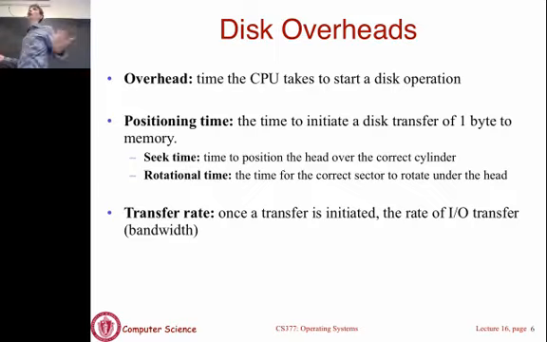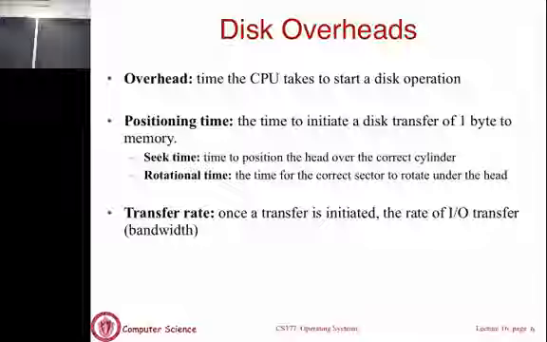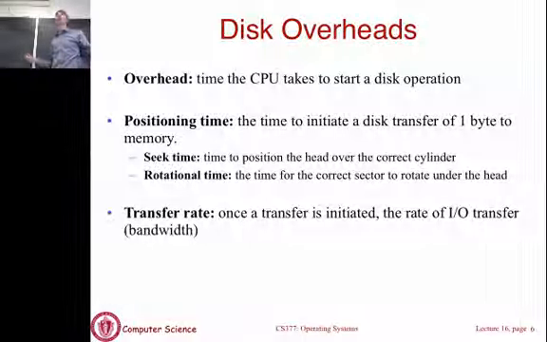Now, transfer rate on a typical hard disk is usually maybe 100 megabytes a second, for example, something in that ballpark. If you think about how your machine is usually operating, very rarely are you actually trying to read at that high a speed. So really, the transfer rate is not the bottleneck here. The bottleneck here is this positioning time, because that's on the order of maybe 5 to 10 milliseconds.